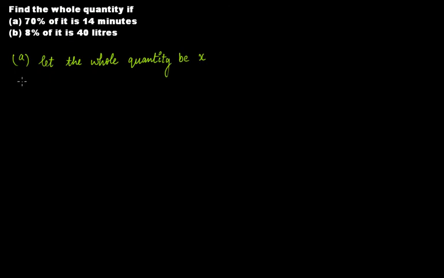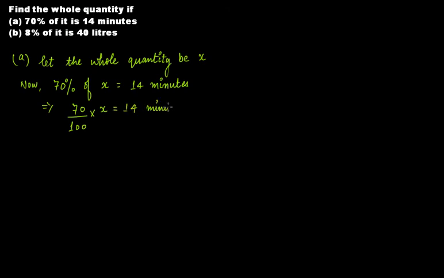Now 70% of X is what? Is 14 minutes. This gives you 70% of X is 14 minutes. This becomes 70 times X over 100 is equal to 14 minutes.